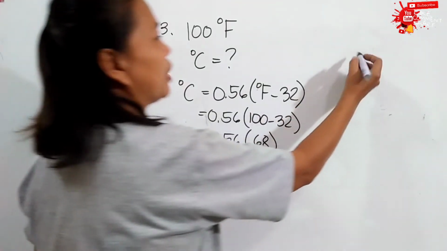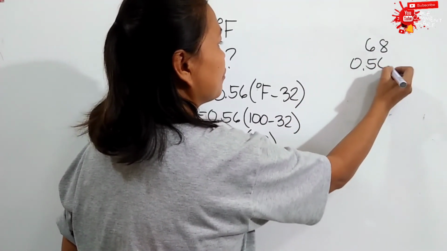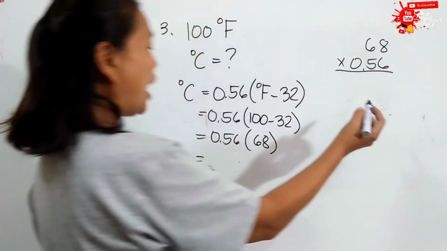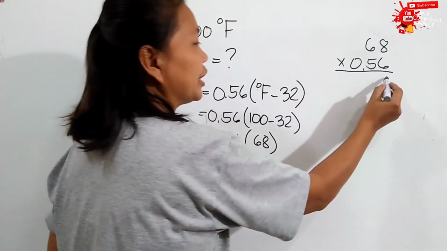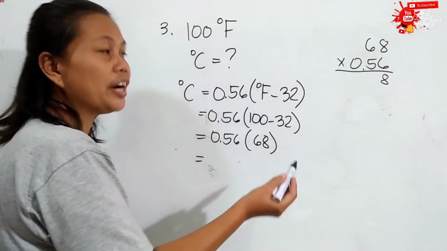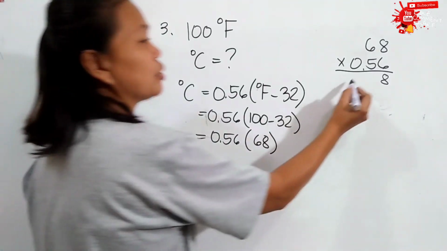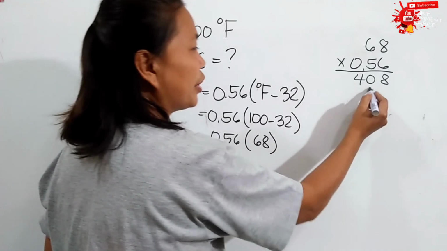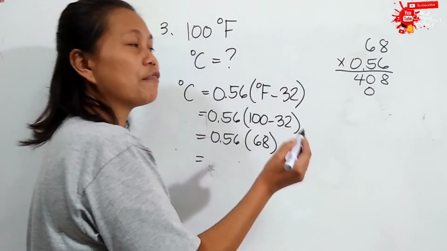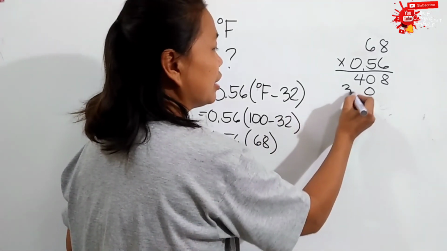Let us multiply 68 times 0.56. What is 6 times 8? We have 48, then carry 4. 6 times 6 is 36, plus 4, so we have 40. Then 5 times 8 is 40, carry 4. 5 times 6 is 30, plus 4, we have 34.